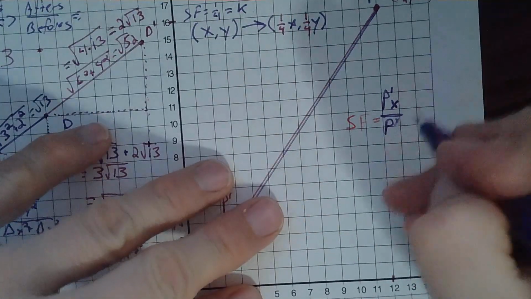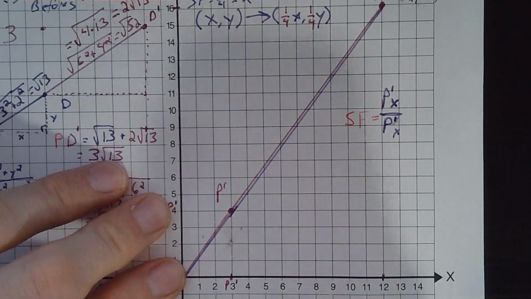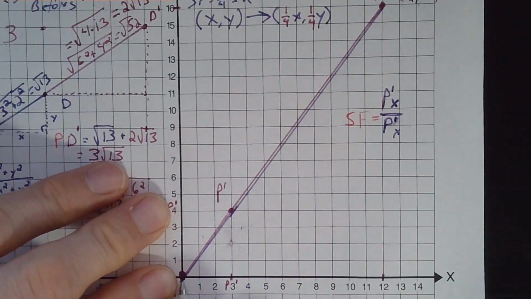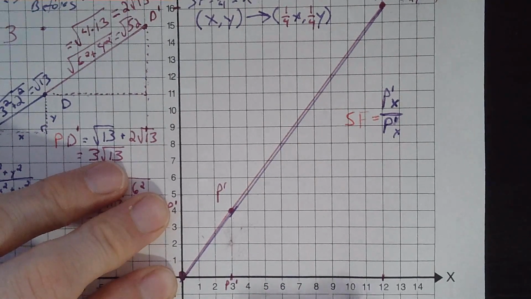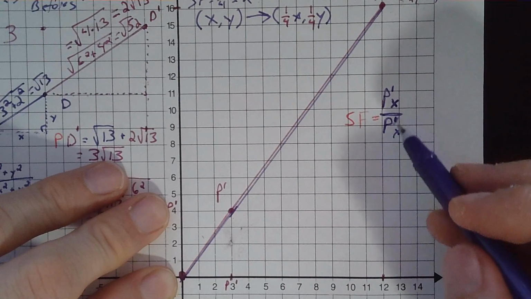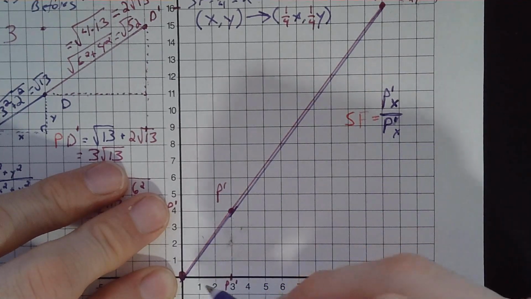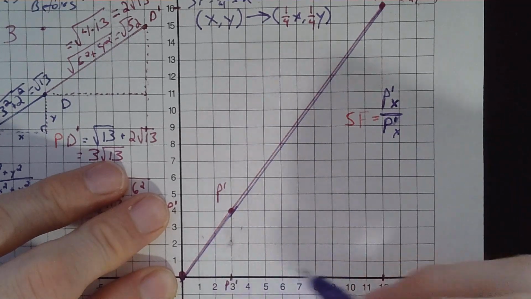Remember, because my origin is the point of dilation, these numbers are my distance from the point of dilation. So these indicate the distance change in my x value, my left to right change.